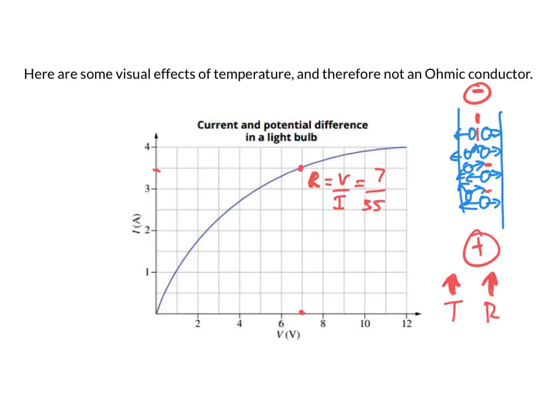So at this particular spot here, there's a 2 ohm resistance. Whereas if I took another point down here, resistance is equal to V over I. I read off my V is 1, my current is 1, so I have a 1 ohm resistance at this particular temperature, or for this particular current.